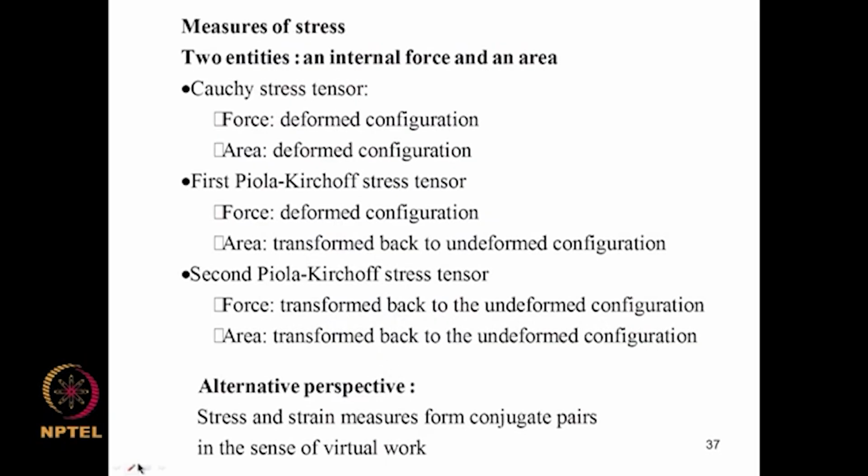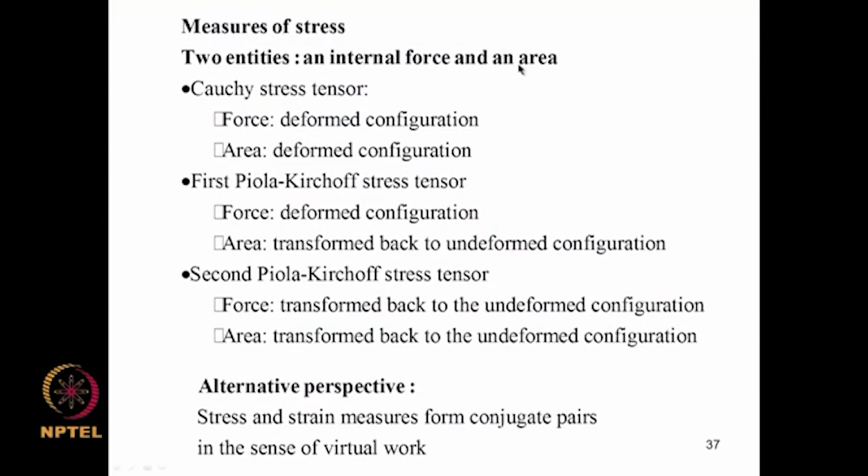Now, how about measures of stress? We have talked about measures of strain. While defining stress, there are two alternative perspectives. In the first perspective, we think of an internal force and an area over which this force acts.